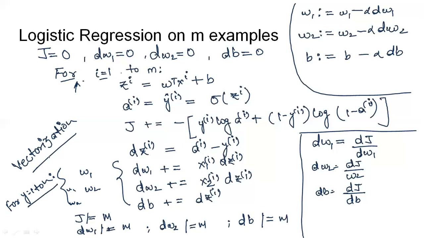So there would be two for loops, and the complexity of the algorithm would drastically increase. To reduce this complexity we use a concept known as vectorization. Whenever we use vectorization, you would see that no for loop would be required. Vectorization is a very effective method that we will be using in the next video lecture.